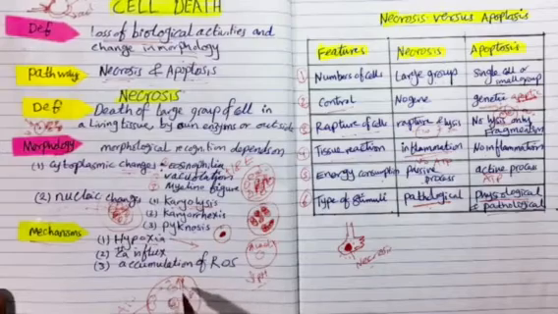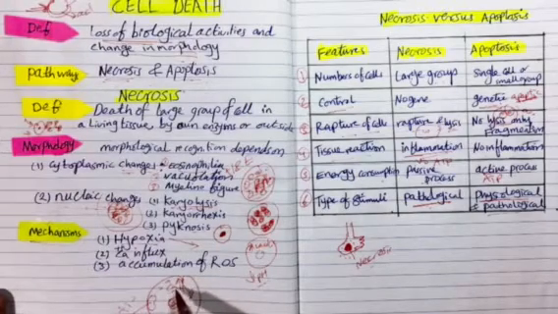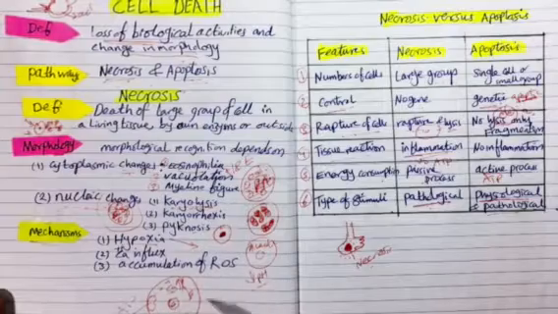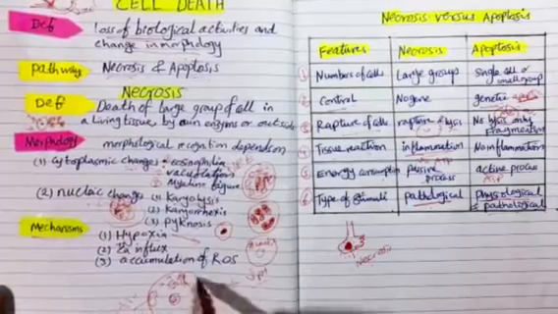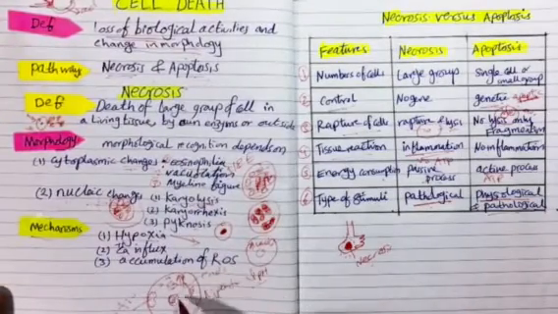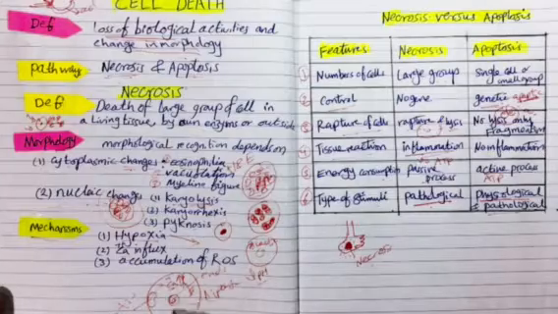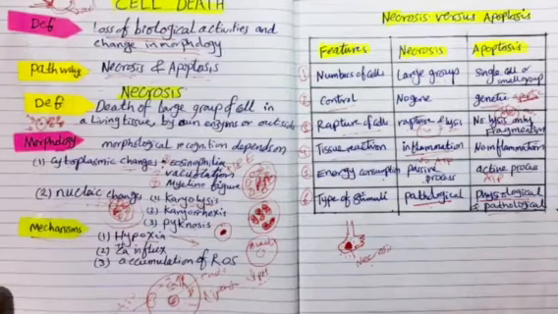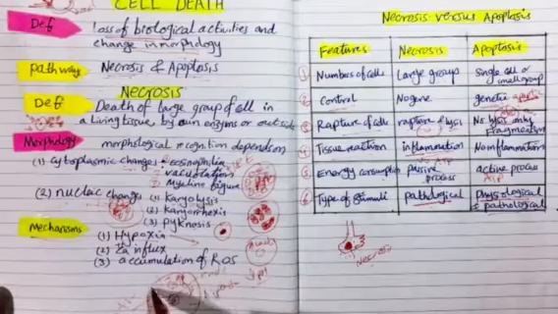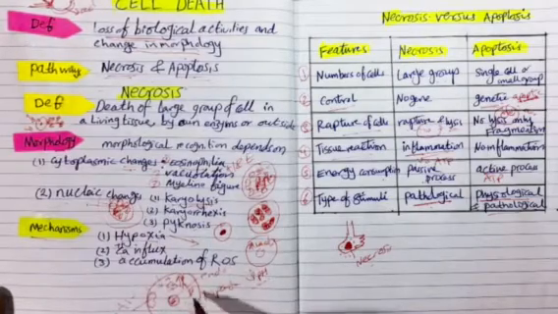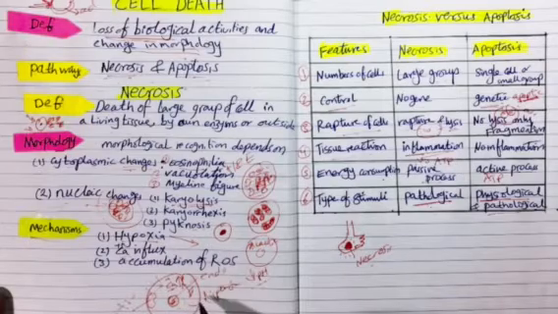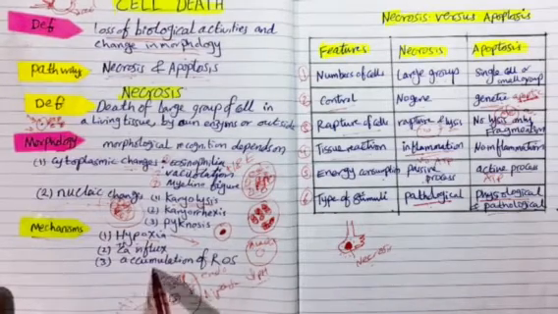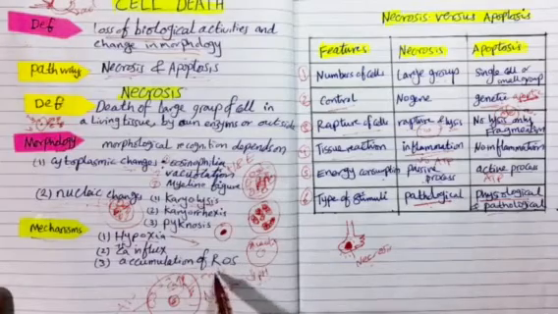Increased intracellular calcium will activate a lot of enzymes in the cell, like lipases, endonucleases, which act on the chromatinic material in the nucleus, phospholipases and proteases. It will result in destruction and rupture of the membrane, and even the organelle membranes will be disintegrated and lysed.